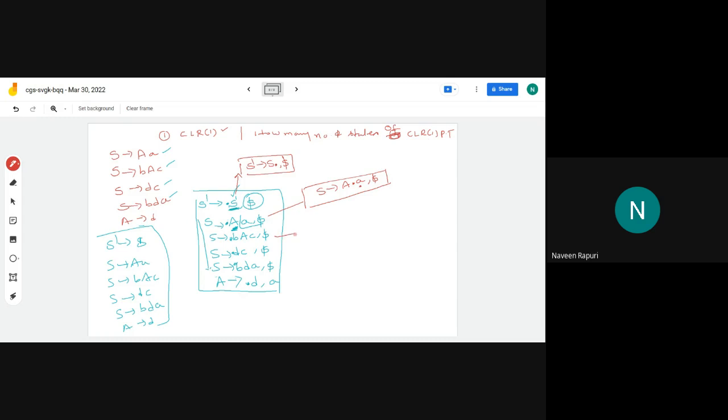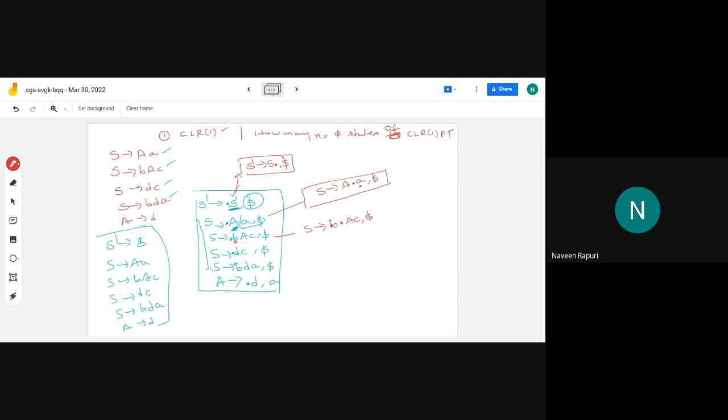Next, coming to here, S derives B dot A C, comma dollar.